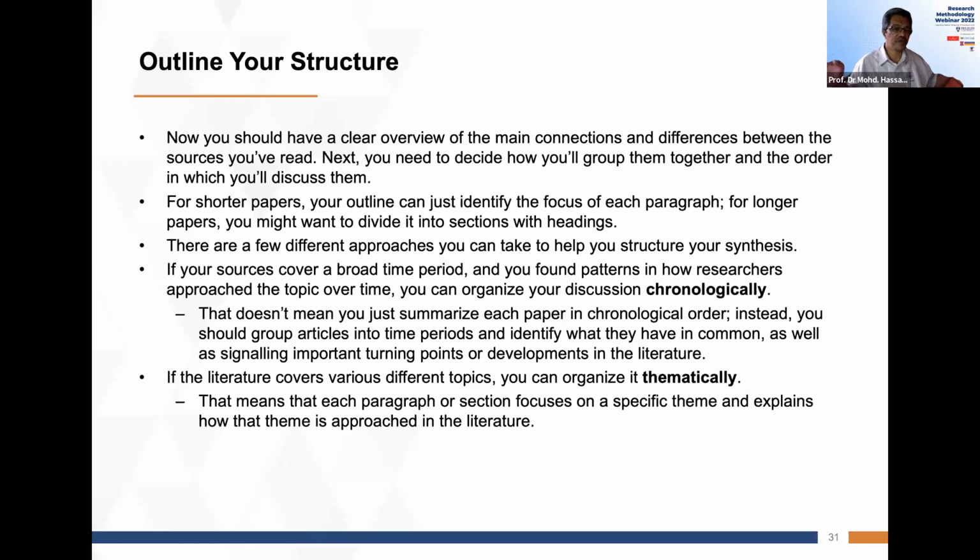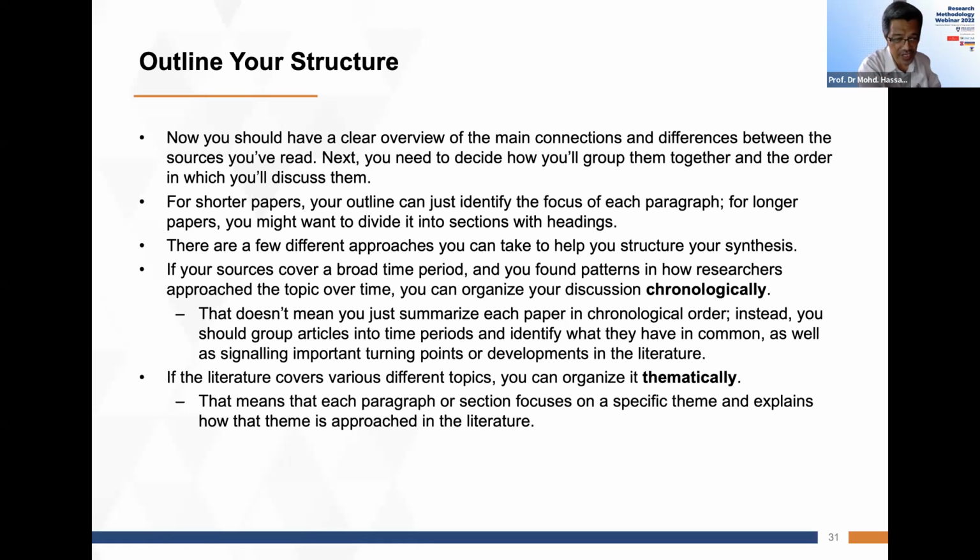For example, you have 10 articles that you're reading from the year 2022 back down to 2017. You see how they approach the topic over time, and you can organize your discussion chronologically, based on the years. When you start with 2017, your discussion goes right down to 2022.